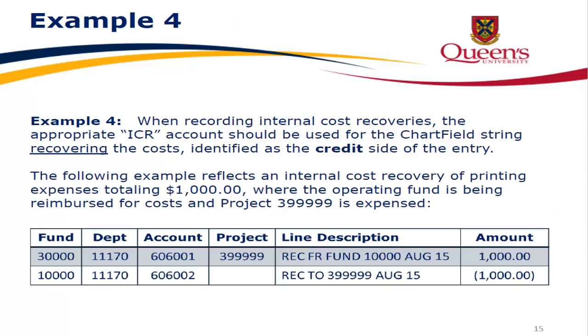In example 4, an internal cost recovery of printing expenses is being recorded. The research project is being expensed and is represented by a debit using account 606001, printing photocopying. To record the internal cost recovery of this expense, account 606002, ICR Printing Services, is used on the credit side of the journal entry.